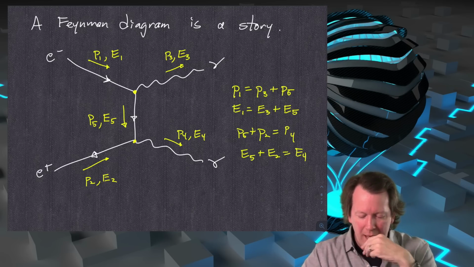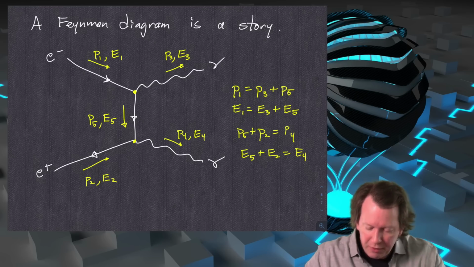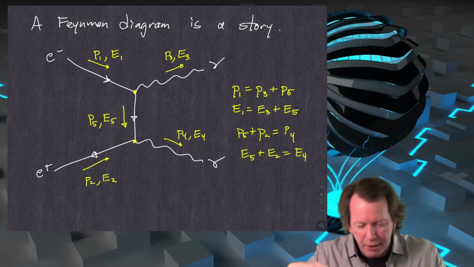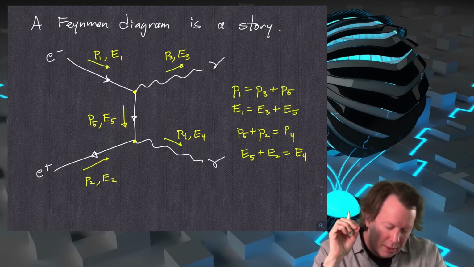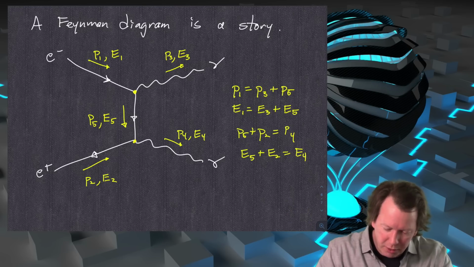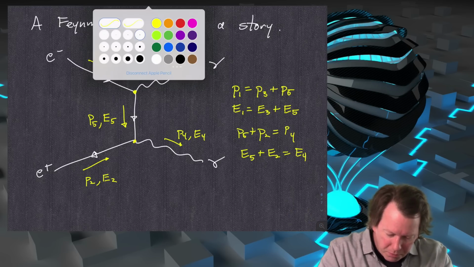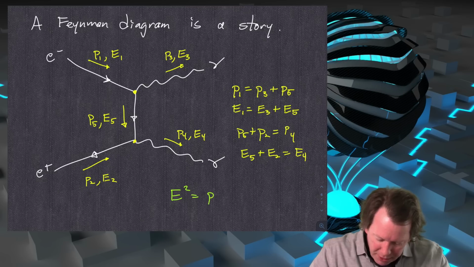Okay. And that actually is enough to fix what E5 has to be. If you add these equations up and check, you'll find that everything is consistent. But energy and momentum are related to each other, right? For a massive particle, or for any particle at all, there's a relationship. The energy squared equals the momentum squared plus the mass squared, okay?